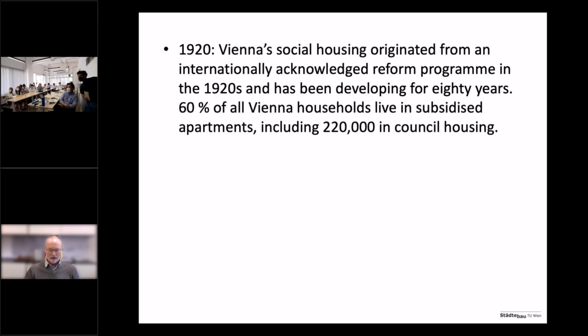That means they are owned by the city of Vienna, and they are provided to the residents at an affordable price. Even some of them who can't even afford that social rates, they also get some additional funding from the city.